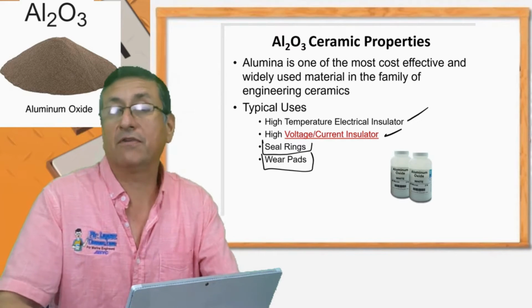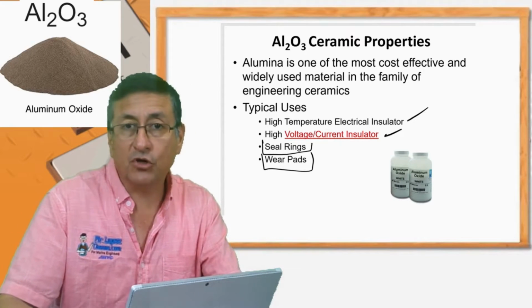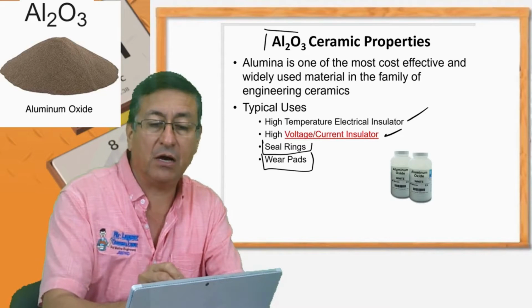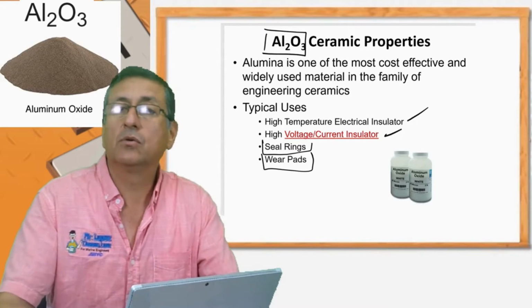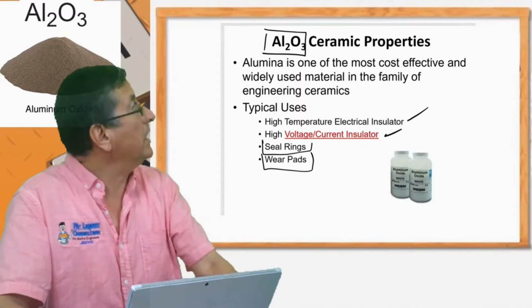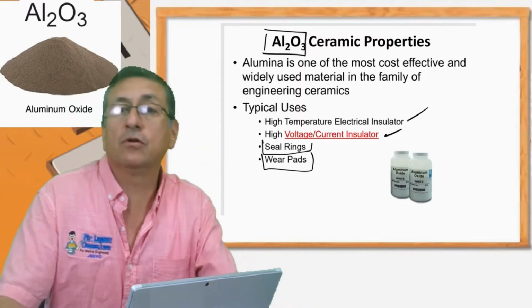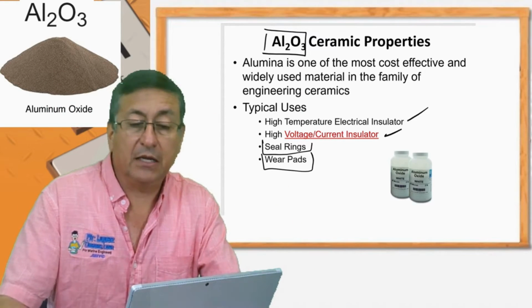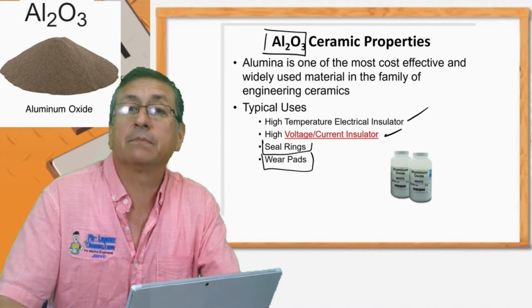Those elements are fabricated with aluminum oxide, and this is the formula of aluminum oxide: 2 atoms of aluminum per 3 atoms of oxygen, Al2O3. Aluminum oxide, right? And the other commercial name is alumina.